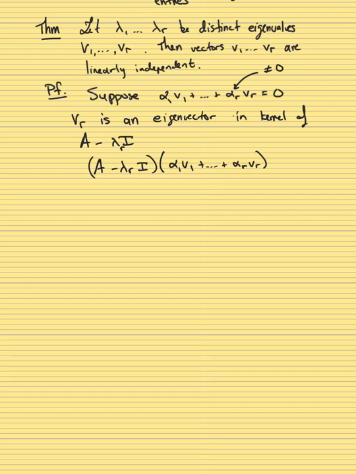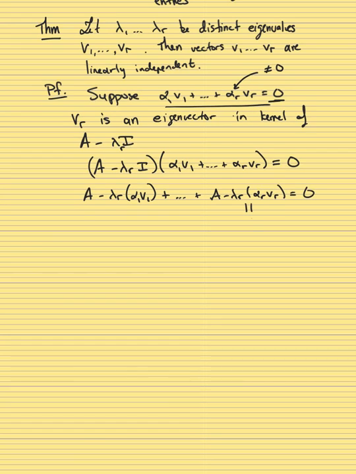So what do we get? Well, we know that this has to equal 0, because this whole vector equals 0. On the other hand, this is just equal to A minus lambda r applied to alpha 1 v1, plus all the way up to A minus lambda r applied to alpha r vr. Okay, so this is equal to 0.